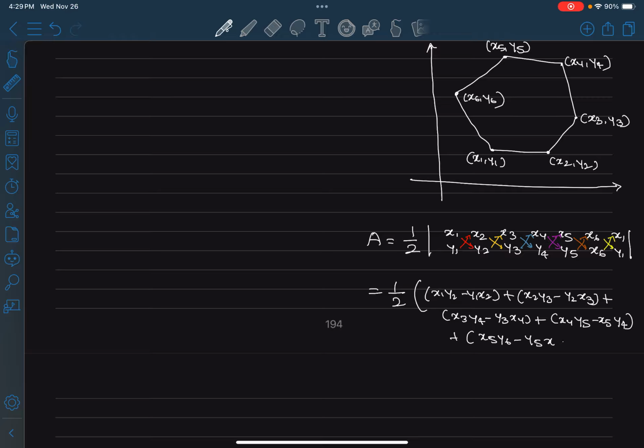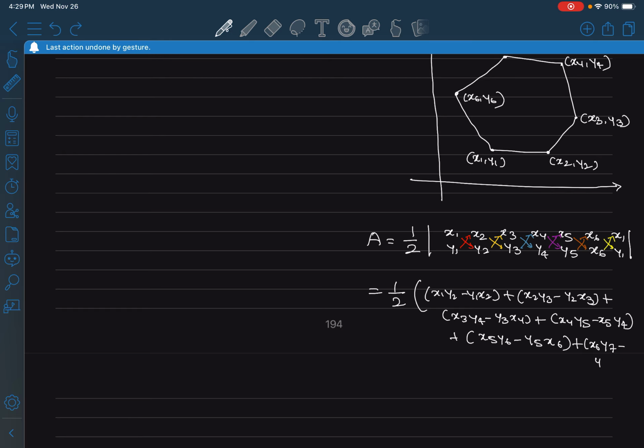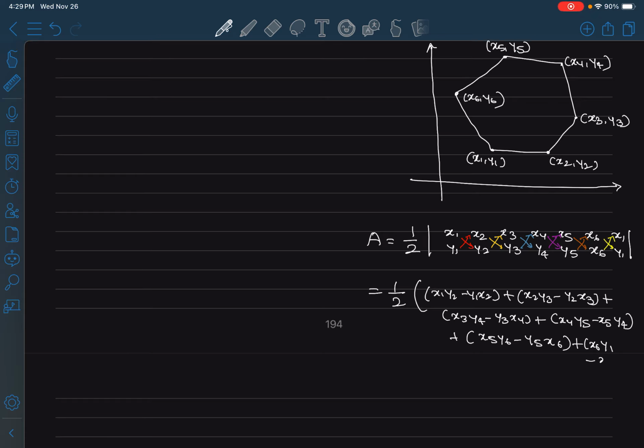Yeah, I think I'm doing it correctly. Plus x6 y7 minus y6 x7. We don't have x7, so the last number should be x1. So x6 y1 minus y6 x1. Okay, so this is the formula for finding the area.